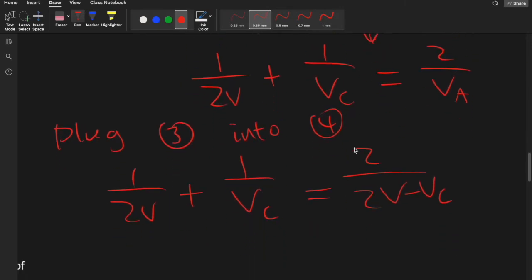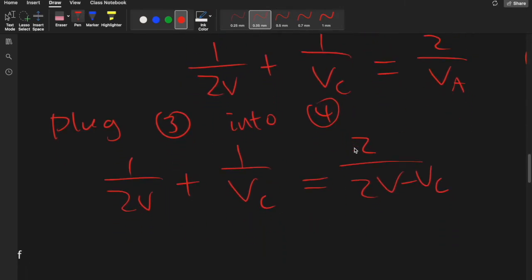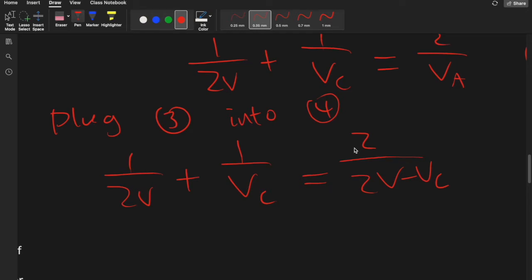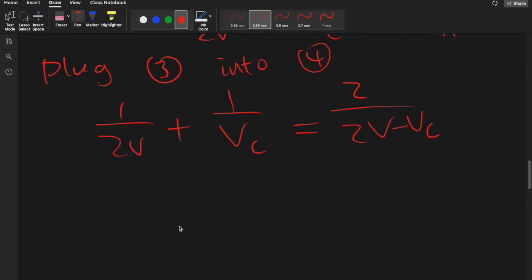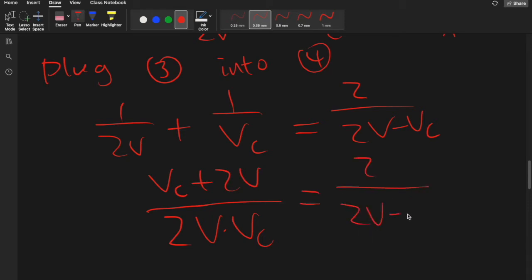Right? So this now looks much better because we only have 2 variables. And then let's simplify this. To combine those 2 fractions, 2V plus VC over 2V VC is equal to 2 over 2V minus VC.